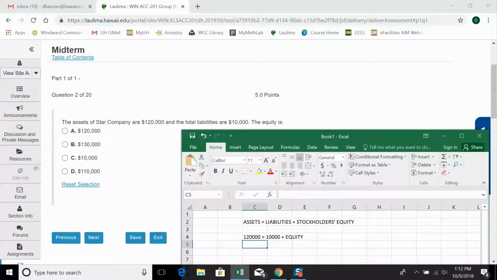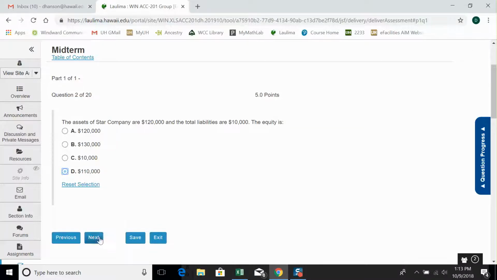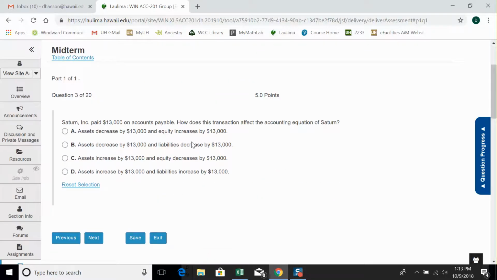So if you do simple algebra, you end up with 120 minus, if I move that 10,000 to the right side of the equation, right, I get 120,000 minus 10,000 will give me my equity. Okay, and if you flip that around, you'll have equity equals 110,000. Okay, so you could basically go and find 110,000 in your multiple choice selections, and that would be item D here. Okay, moving on to the next question.